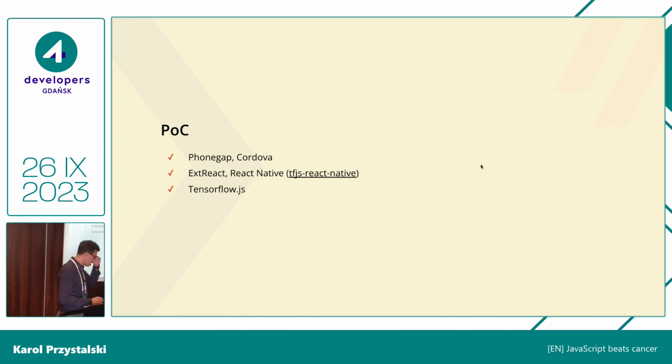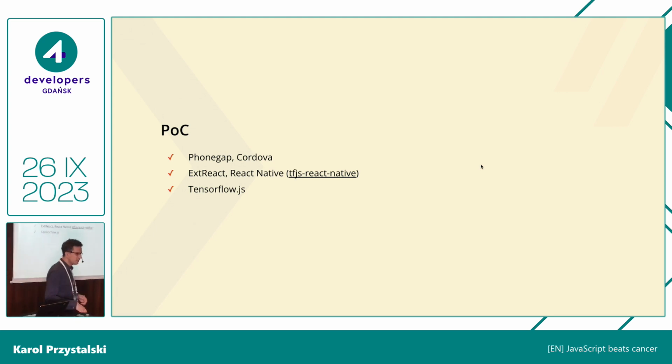So how did I start? The question is, okay, that's cool, cancer, great. Cancer is not great, but it's great that such a model was developed with JavaScript, okay? For the first POC, I used PhoneGap, Cordova. Remember this kind of technologies? Yeah, it doesn't work so well.